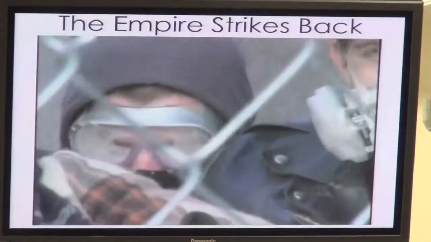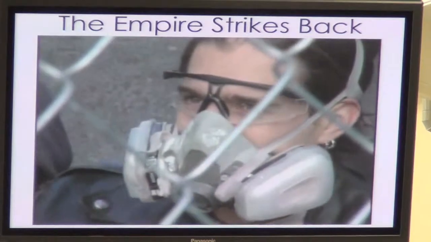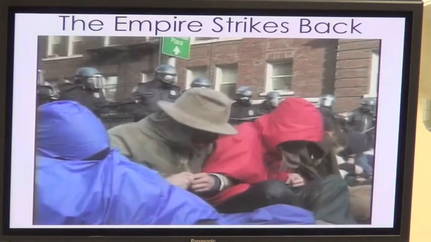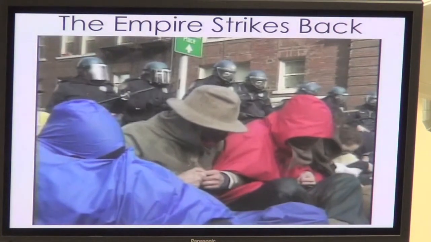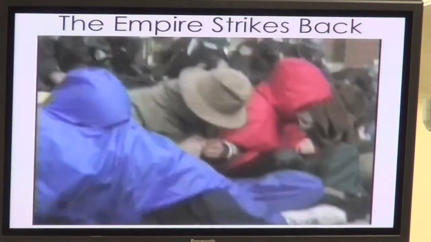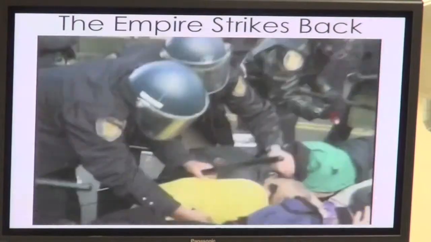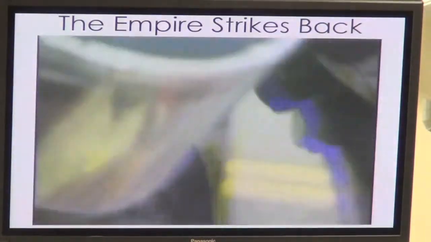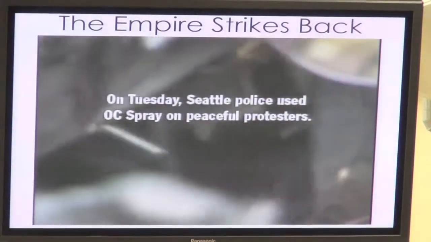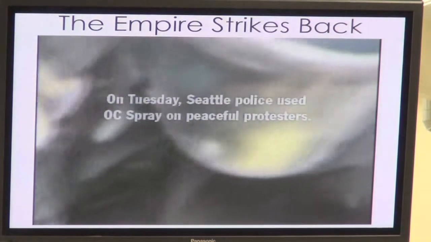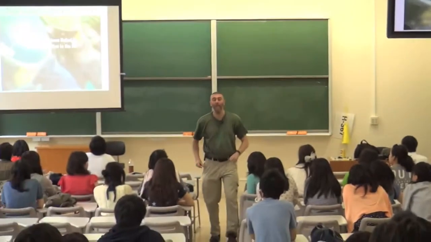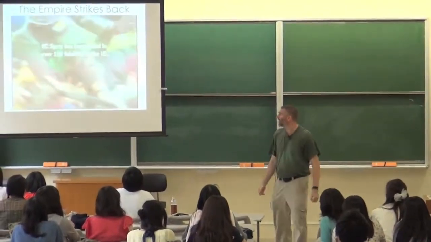Same peaceful protesters. And not only did they spray the pepper spray in peaceful protesters' eyes, they actually went right up to people and pulled their mask off and put them really in and point blank range, which is very dangerous.